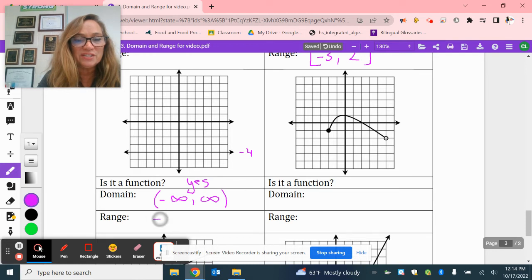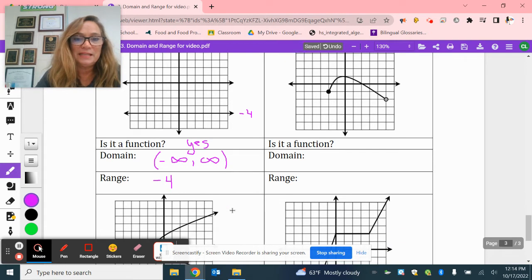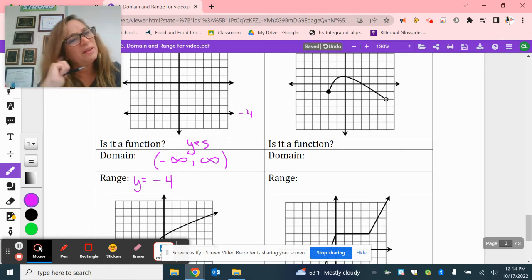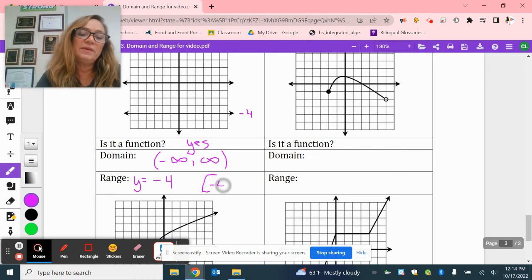So the range is just negative 4. It's just a point. So I guess we could just say y equals negative 4. I'm not sure about the interval notation. Let's write this, and I can always double check that for you.